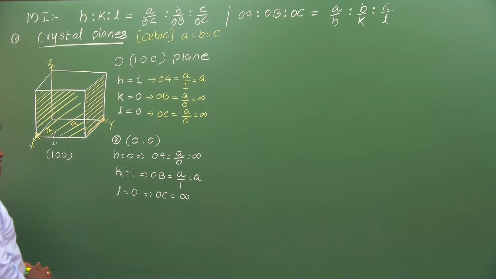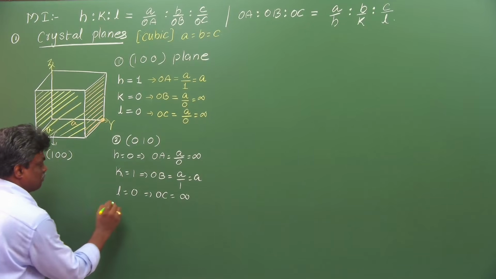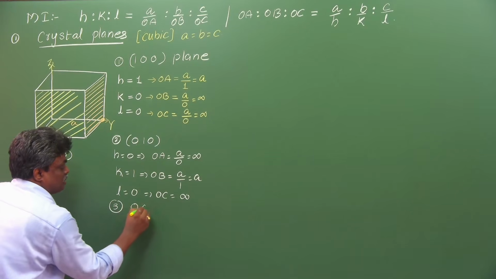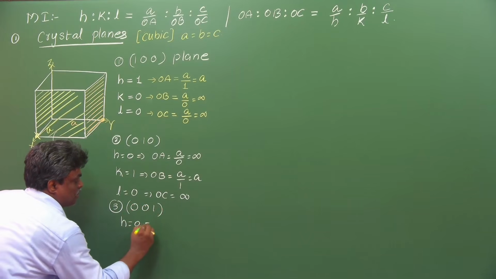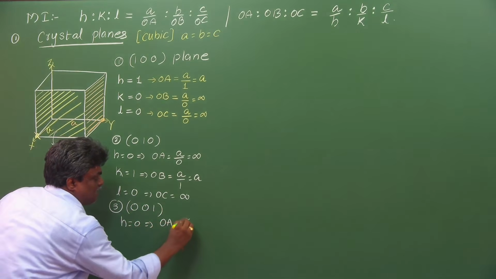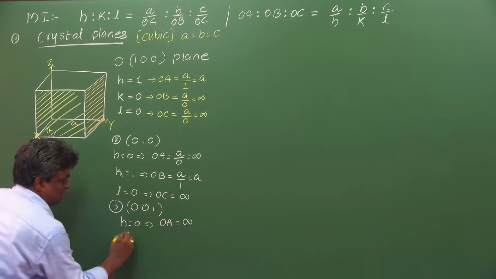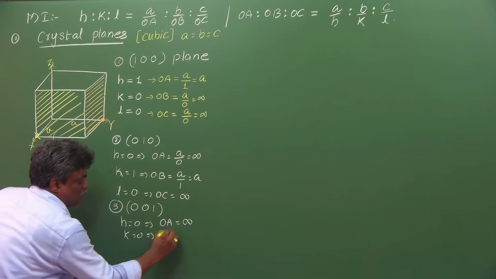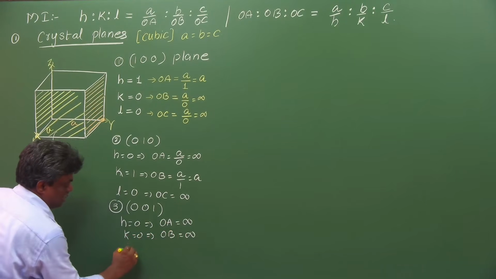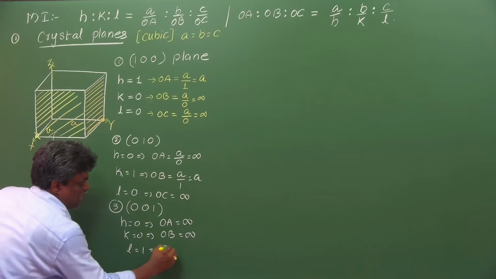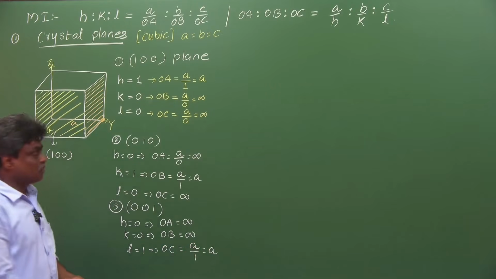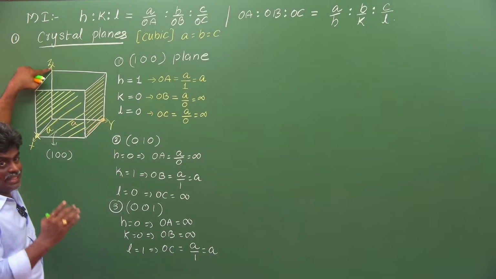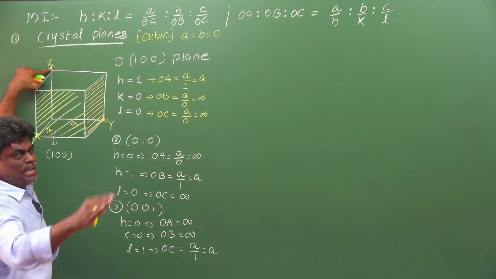That's it, that orange color. Next, third one. Let us take 0 0 1. So now H equal to 0, that's why OA equal to no intersection. K equal to 0, OB equal to no intersection. L equal to 1, OC equal to A. So the plane is intersecting only the z axis.